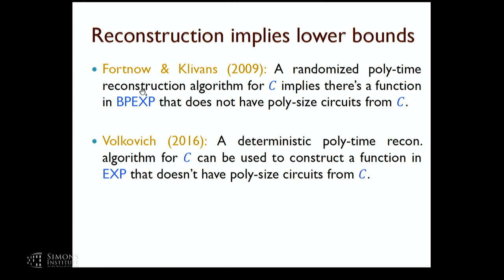And Volkovich has a sort of de-randomized version of this result, where starting from a deterministic polytime algorithm, you get an explicit function in EXP for the same class. So it's at least as hard as lower bounds.